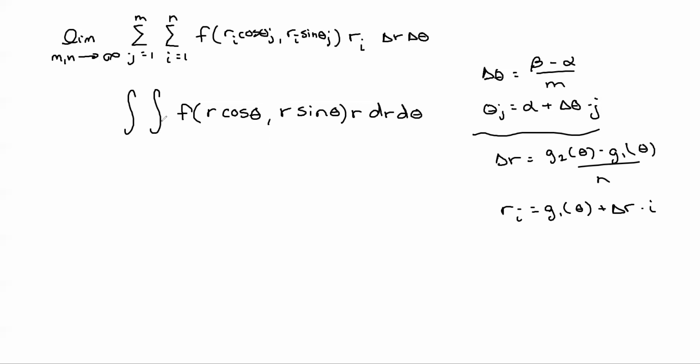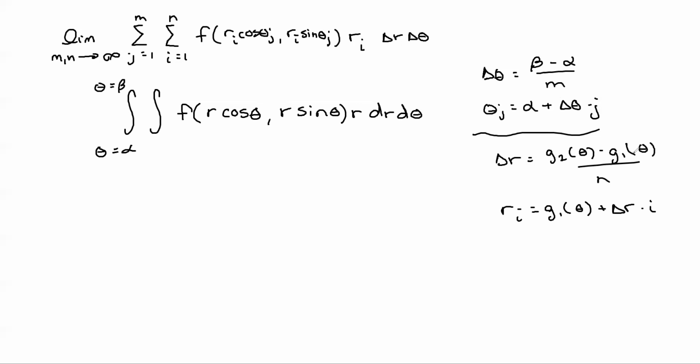Okay, and then the bounds here, the outer bounds come from the variable that was chosen first. We said theta was chosen first, so we should have theta equals alpha to theta equals beta. And then the inner bounds are all that's left, which are going to be the r bounds.